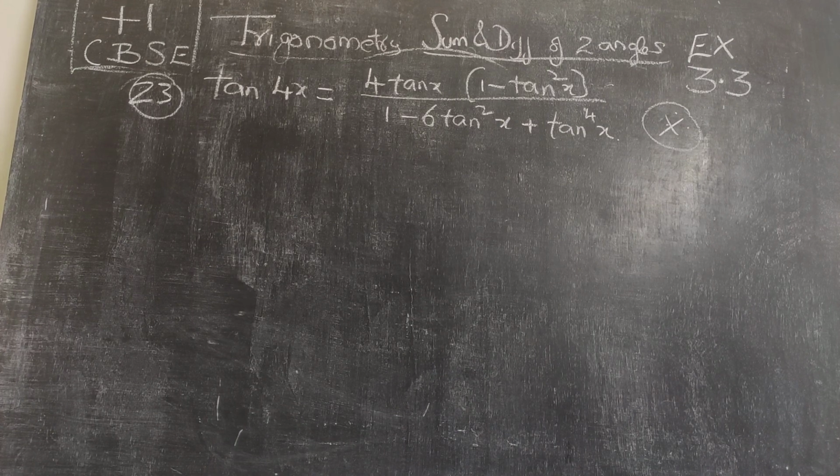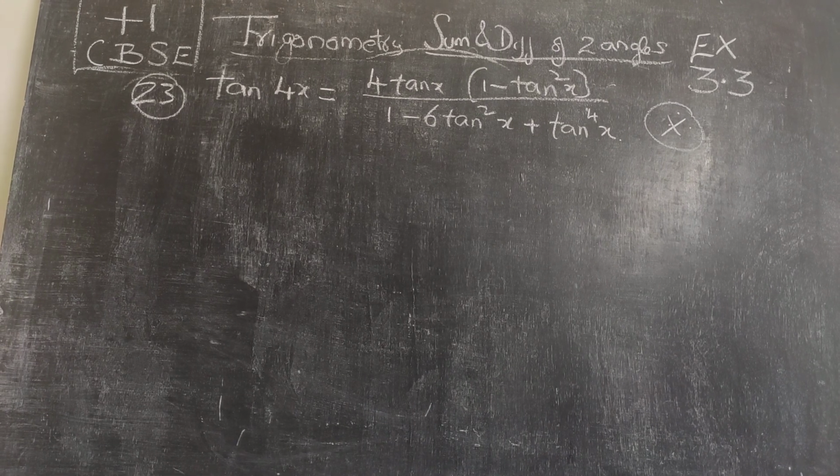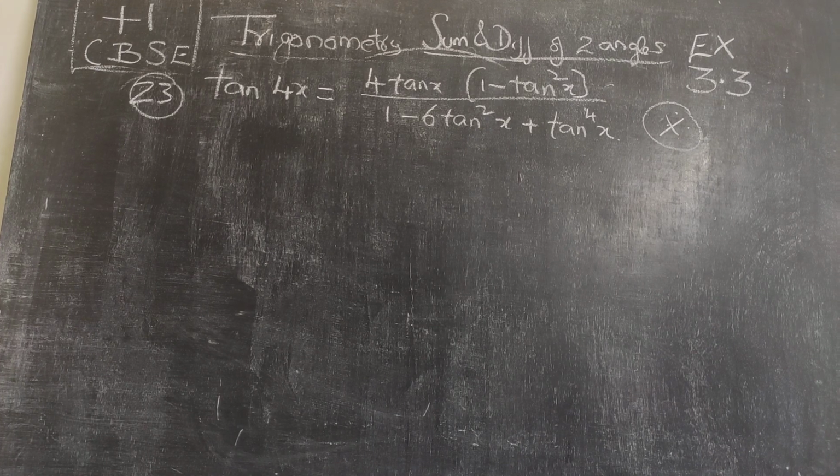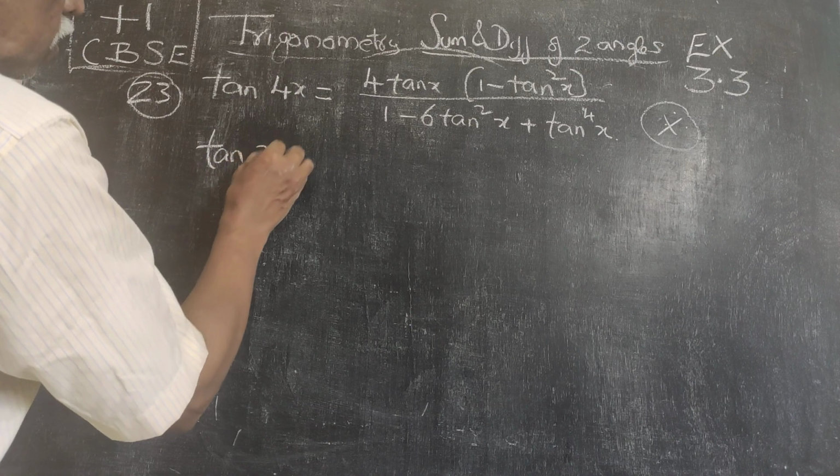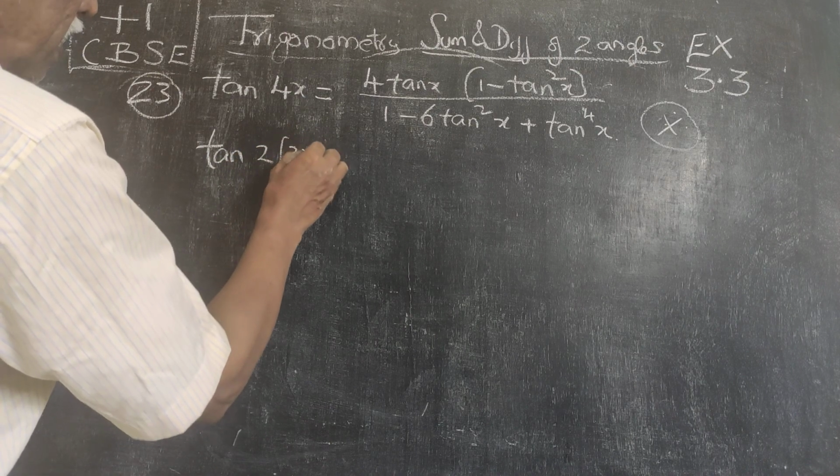Question number 23 is a very good problem. Tan 4x is equal to 4 tan x multiplied with 1 minus tan square x, denominator 1 minus 6 tan square x plus tan power 4x. We don't have any direct formula for tan 4x. We have for tan 2x. So what you do is, in terms of 2x, let us find out. You write this as tan of 2 times 2x.